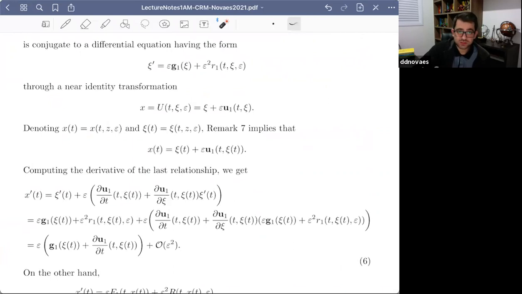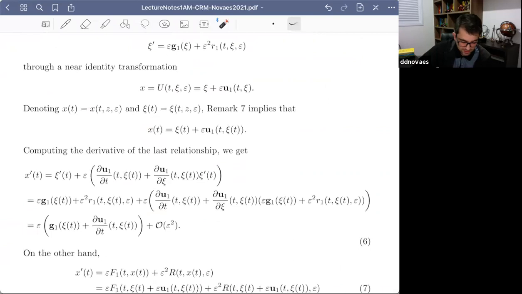So computing the derivative of x, we have on one hand that the derivative of x using this relationship is equal to the derivative of kc plus epsilon multiplied by the derivative of u1 with respect to the variable t.